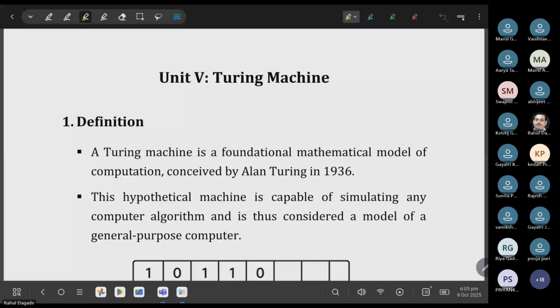Okay, let us start with Unit 5, which is Turing Machine. Let us see its definition. Turing machine is a foundational mathematical model of computation conceived by Alan Turing in 1936.